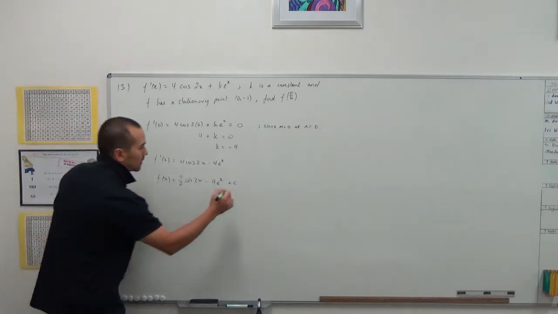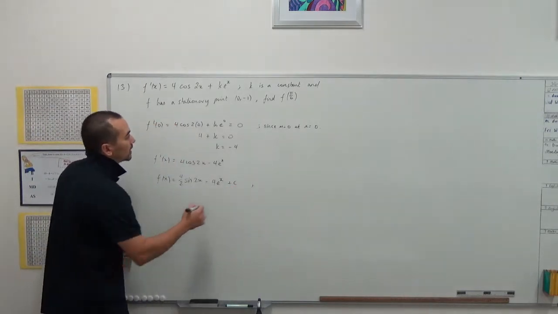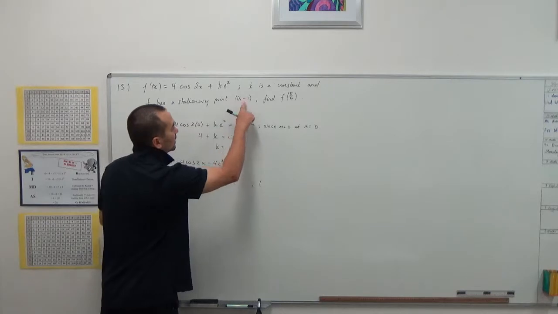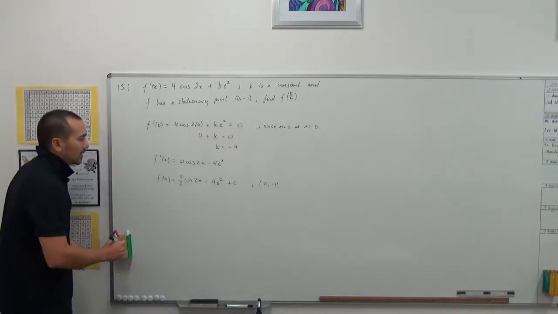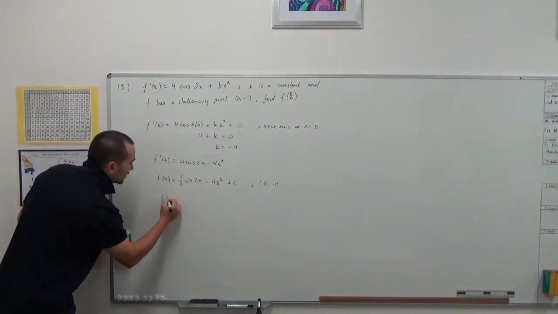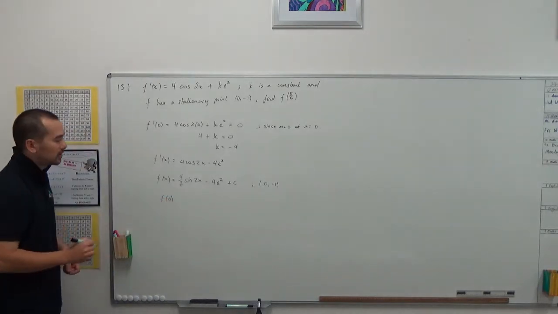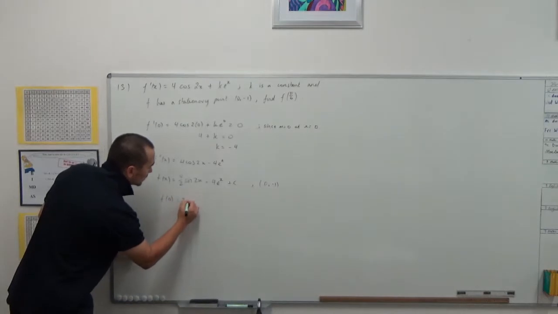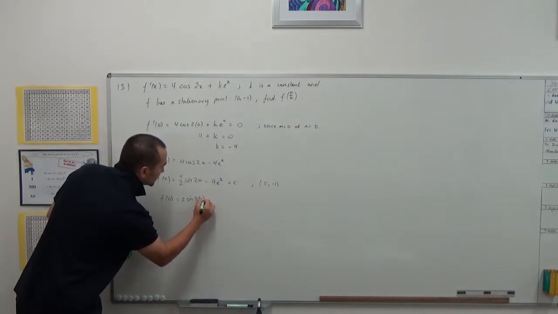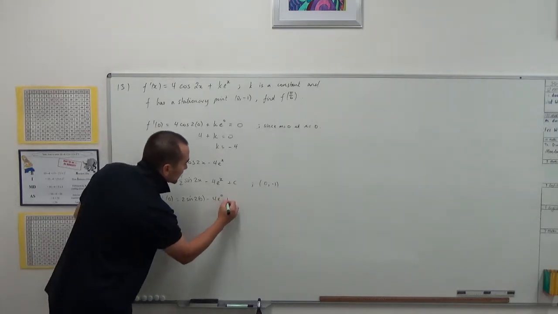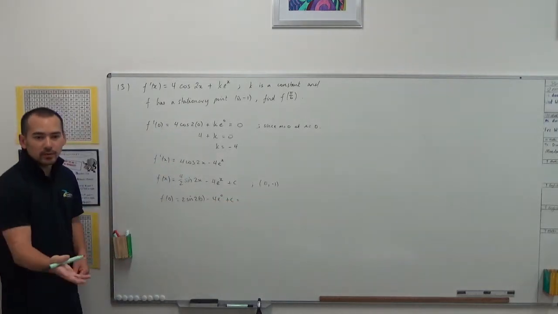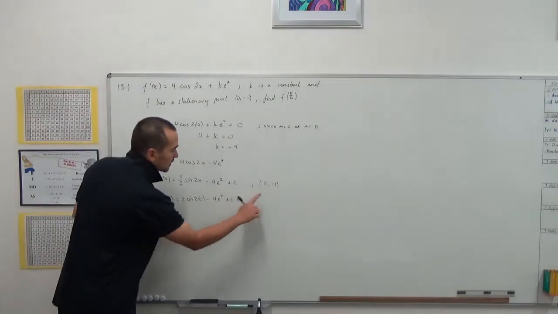So we bring into play this point (0, -1), and that tells us f of 0 is equal to 2 sine 2 times 0 minus 4e to the power 0 plus c. All of it will equal negative 1.